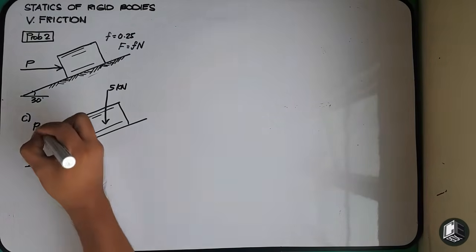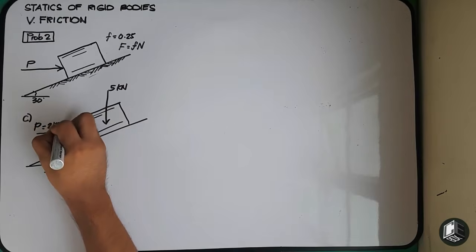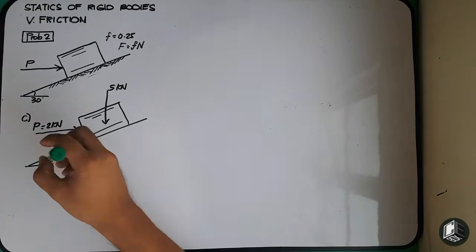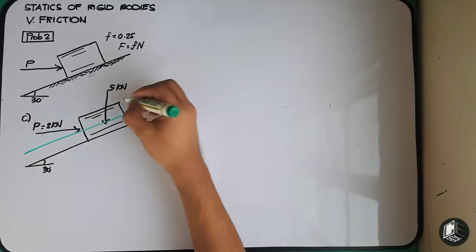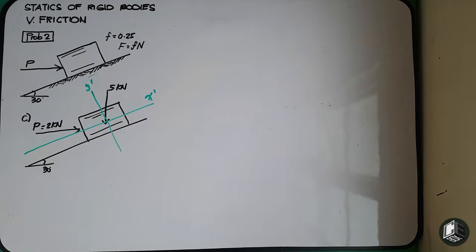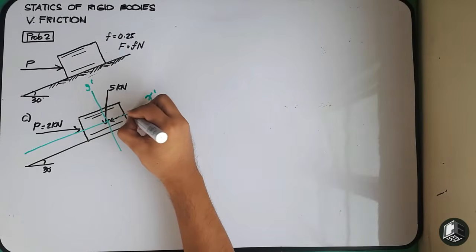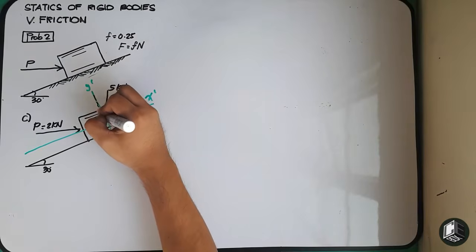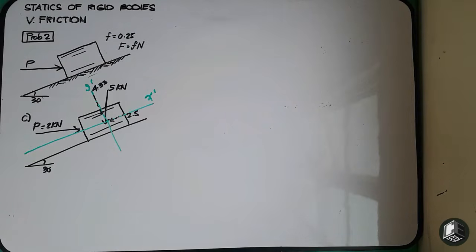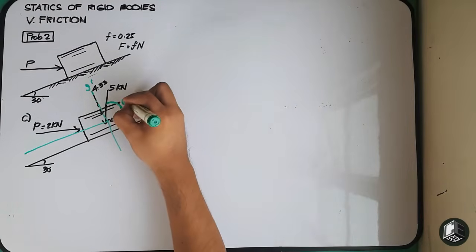If our P is equal to 2 kN, what will be the direction and magnitude of our frictional force? If it is 2 kN, this is our x prime axis, and this is our y prime axis, and we know that the horizontal component of 5 kN is 2.5 and the vertical is 4.33, because the angle of our 5 kN with respect to the x prime axis is 60 degrees.